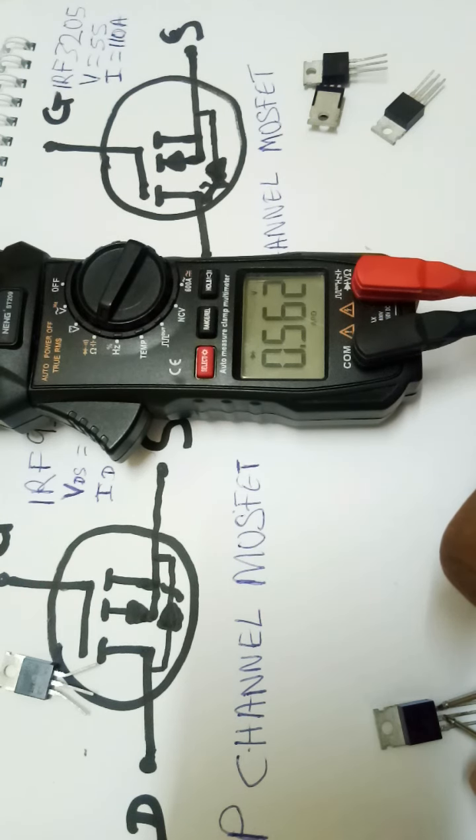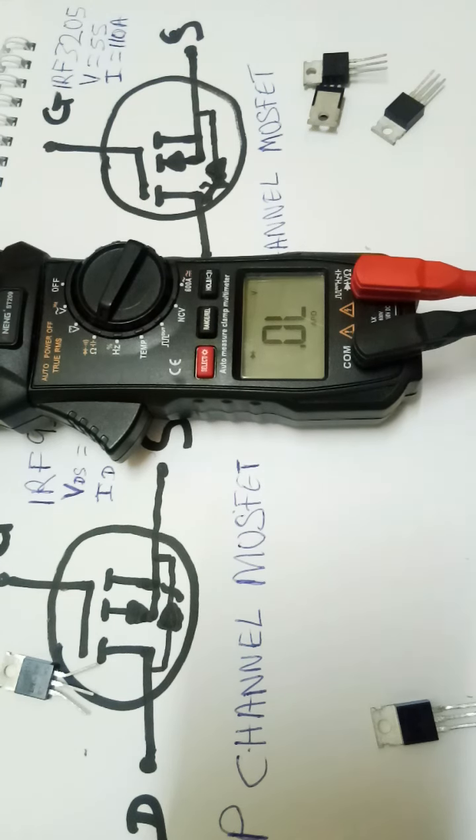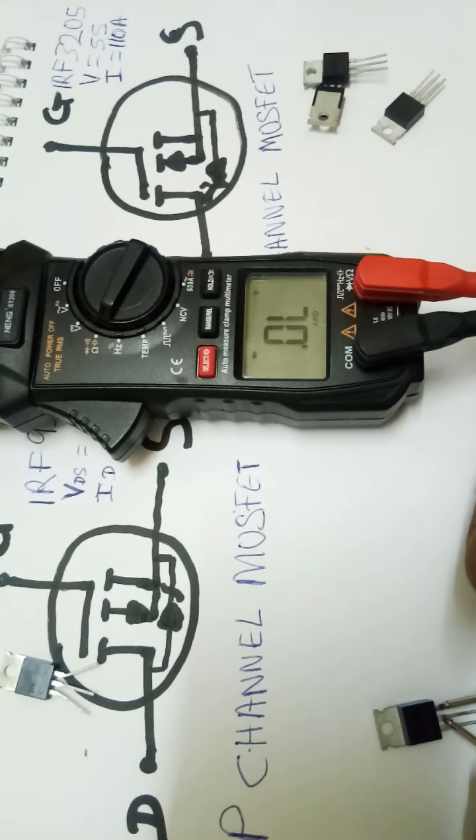But to know if it is a good MOSFET, you reverse the probe. Put the positive on the drain, negative on the source. It's showing reading when it's not supposed to be reading. This is a very bad MOSFET.